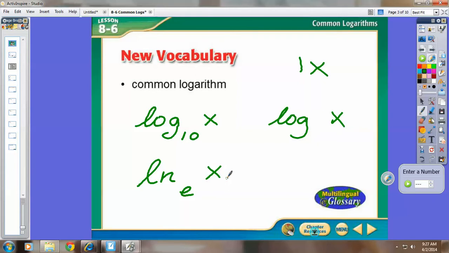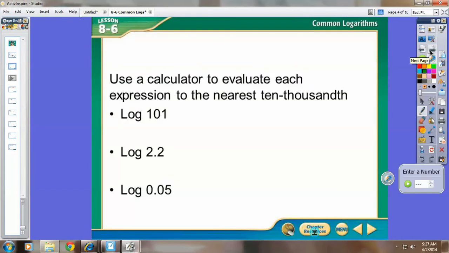So let's utilize our calculator to calculate some of these logarithms. In this next slide, it says use a calculator to evaluate each expression to the nearest 10,000th. Now, if you're looking at these three problems, they don't have a base. What do we know it is? It has a base of 10. In other words, it's a common log.